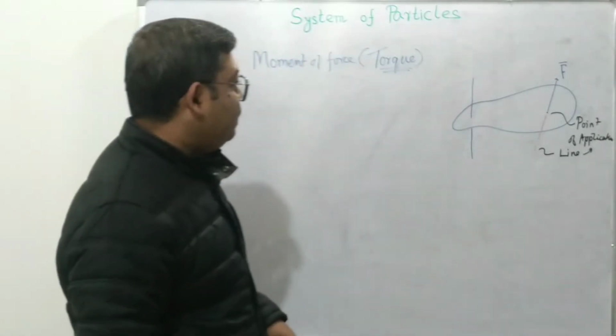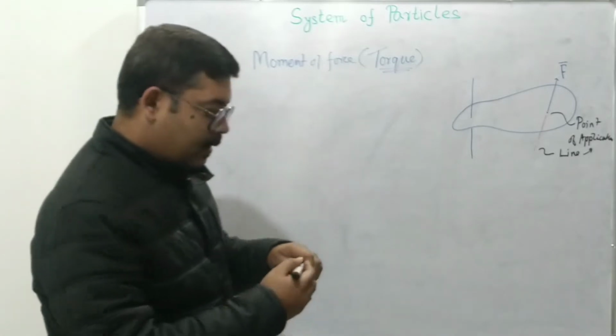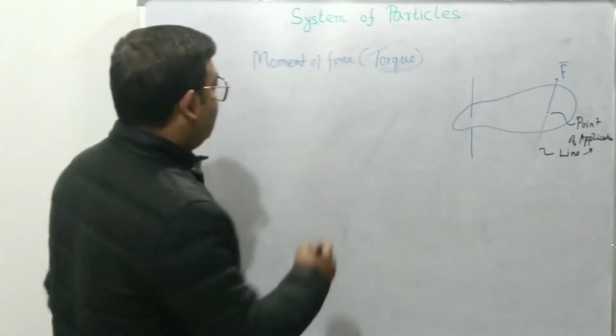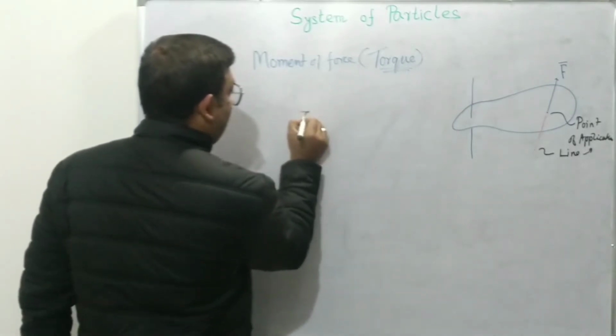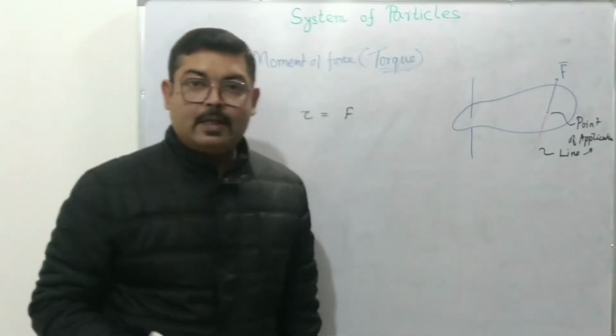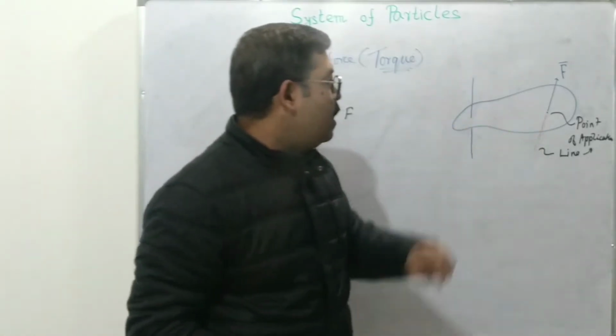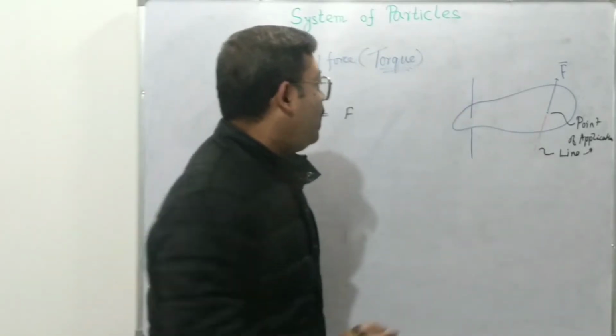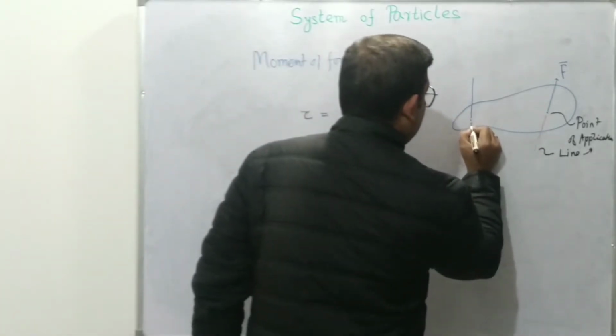Now, by definition, torque is the product of the magnitude of the force and the perpendicular distance between the axis of rotation and the line of application. Torque is given by tau. How do you find the perpendicular distance between the axis of rotation and the line of application of the force?